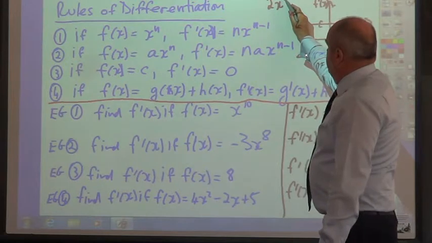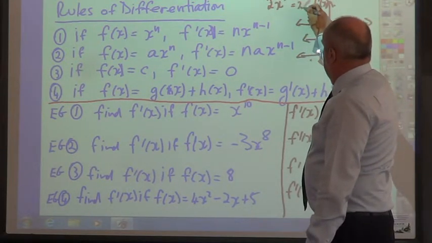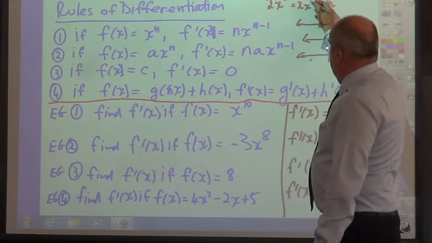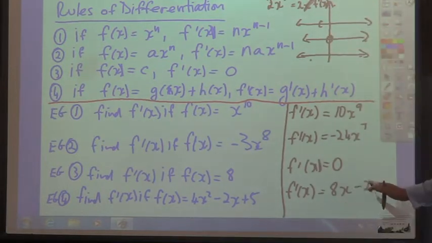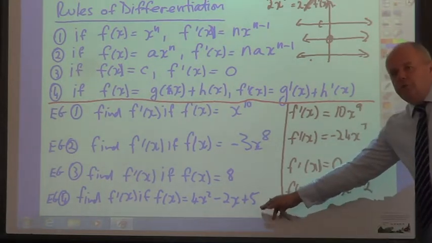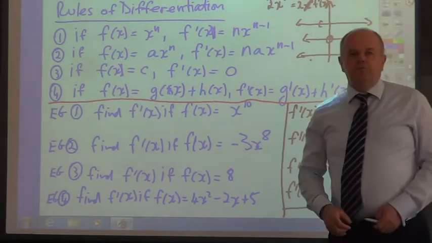What you're doing is taking that, multiplying it by the 2, reducing the power of x by 1, so it's x to the power of 0, but x to the power of 0 is 1, so you don't need it. So, minus 2, and then the derivative of a constant, as we've just seen, is 0. So that is my derivative. Much easier than using first principles.